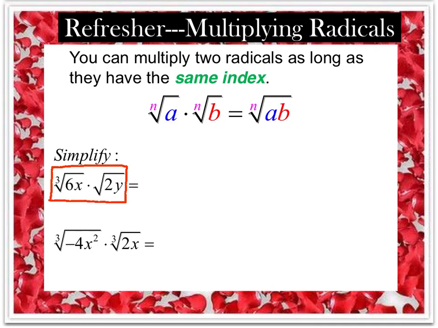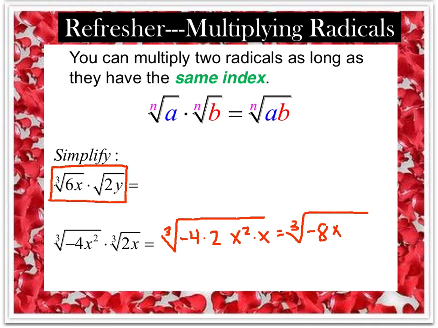Now for the second example, the index of the first is 3, the index of the second is 3. So I can write them underneath the same radical and just multiply what's underneath. So I'm going to have negative 4 times 2 x squared times x. Now we can rewrite this as negative 8 x cubed.